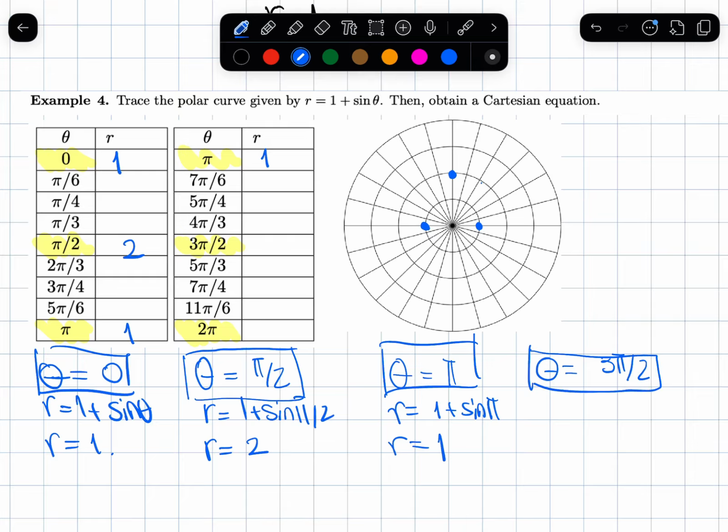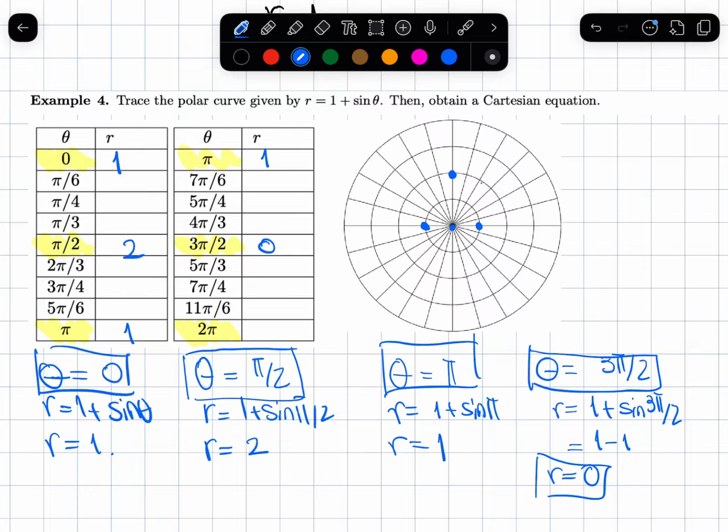So r equals 1 plus sine 3 pi over 2. And if you remember your unit circle, this is going to be 1 minus 1. So r is going to be 0. So we're facing this way, but r is 0, so it's telling us to not move at all. We stay where we are. So this is looking kind of weird.